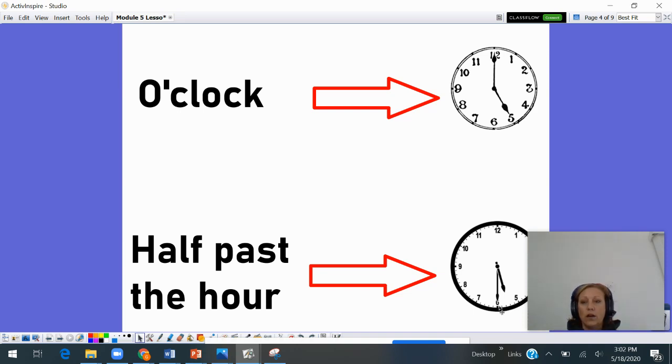So if the long hand is pointing down to the 6, it's 30. That's the reason why we call it half past the hour. It is the closest or the least number. So this is 5:30.